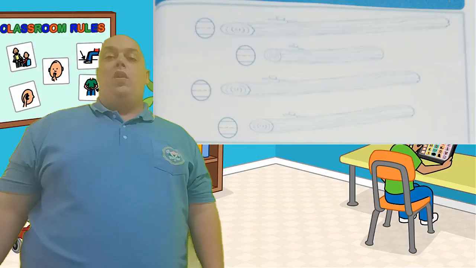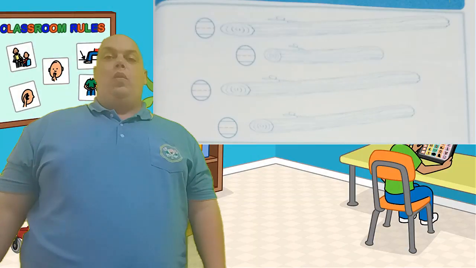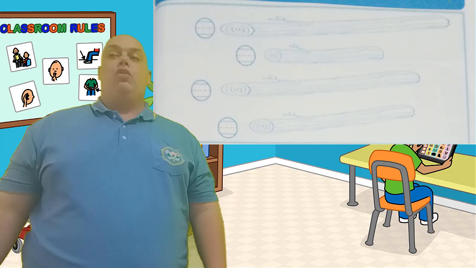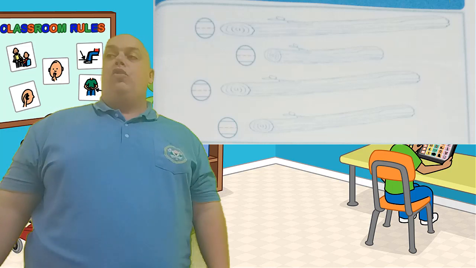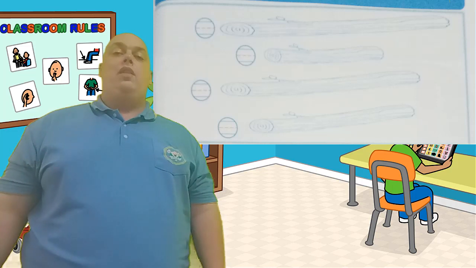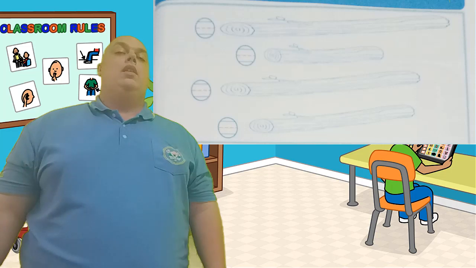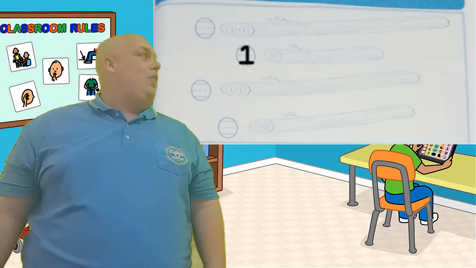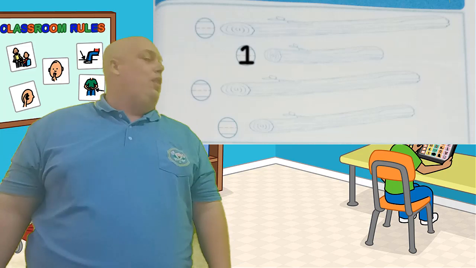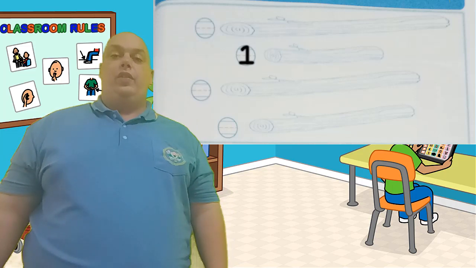So we got 4 logs. Now, which one of these is the shortest? Okay, yes, that one is the shortest. So the shortest one we write, what number do we write? Yes, we write number 1. Okay, so let's write number 1 in front of the first shortest log.